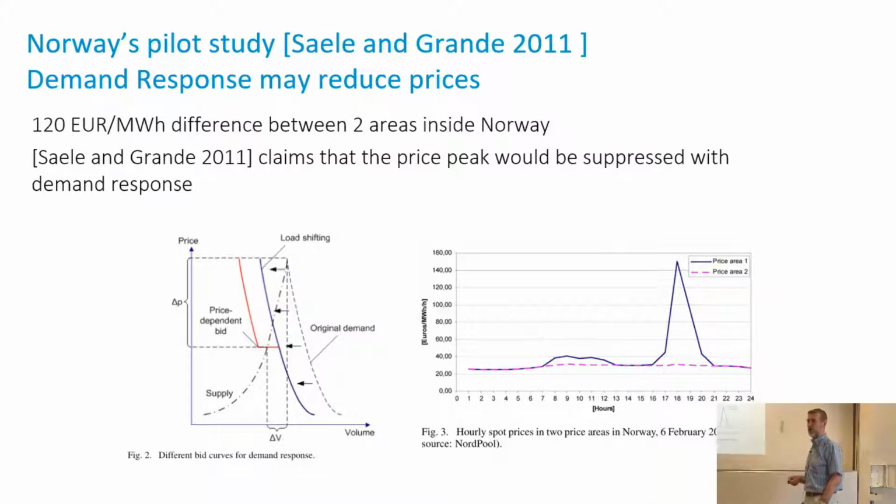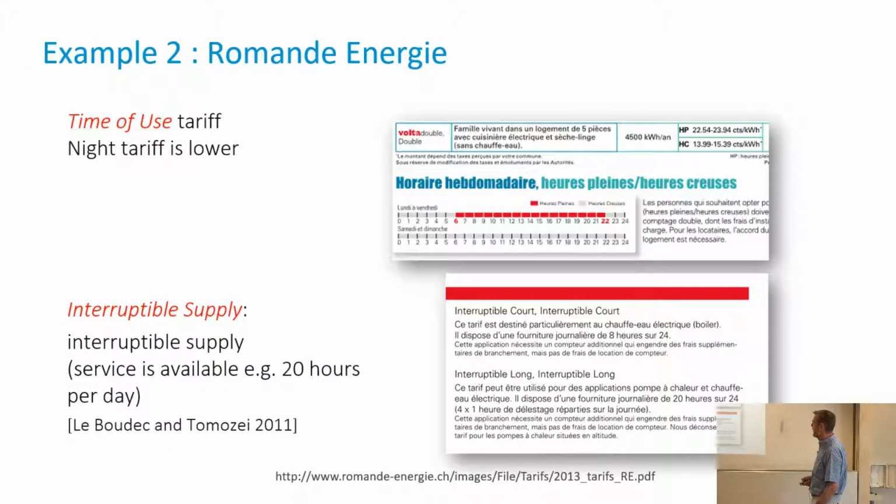If you reduce the demand at the peak period, then you will reduce the price here, which is shown here, showing the prices between two regions, and you see that there is a large difference of prices, primarily during the peak of the peak period of the evening. We'll come back to such graphs here. We will see how economists interpret the impact of load reduction on prices here. That was one of the objectives here.